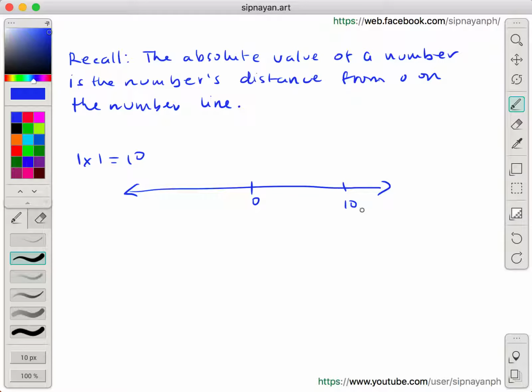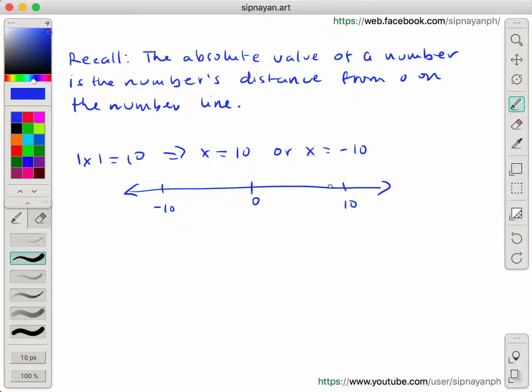So this is one of the answers, 10, and of course pwede rin tayo dito. Negative 10 is also 10 units away from 0. Ibig sabihin, the absolute value of x is equal to 10 means that x is equal to 10, or x is equal to negative 10.